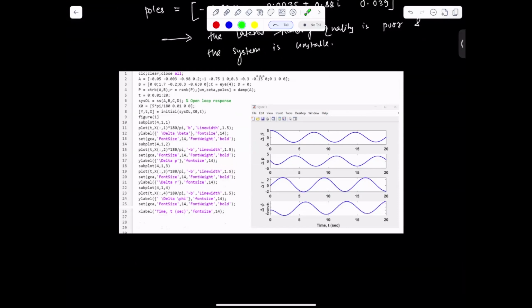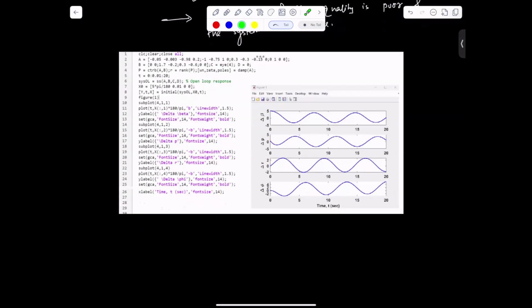Here the initial conditions are very important. These are the initial conditions we assume: 0, 0, 0.01 and high gradient. Right. So here the system is unstable because one of the poles of the system is found to be in the right half plane.